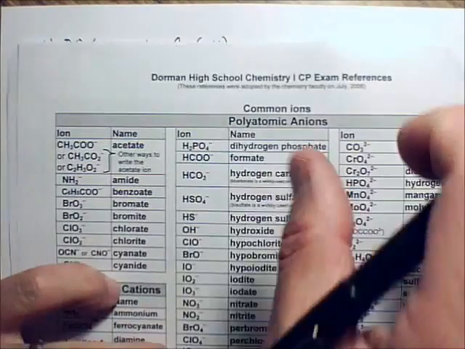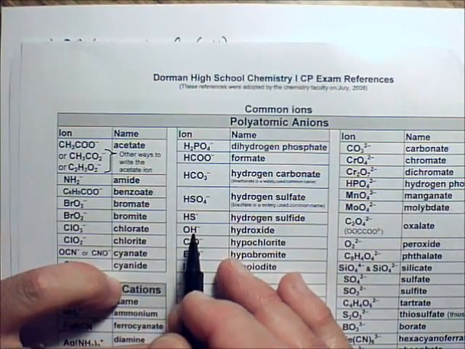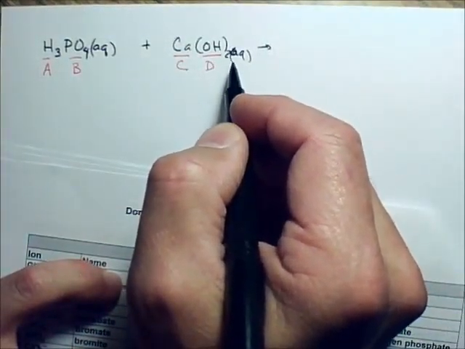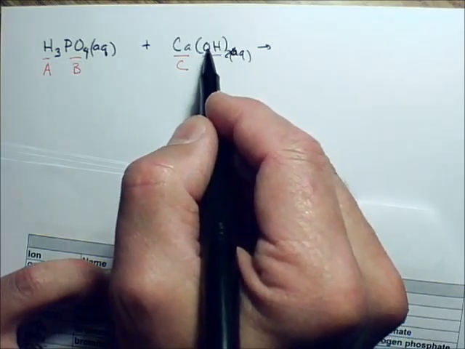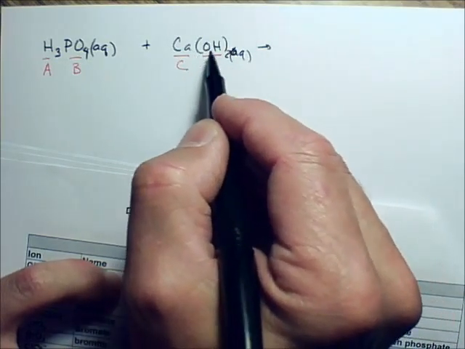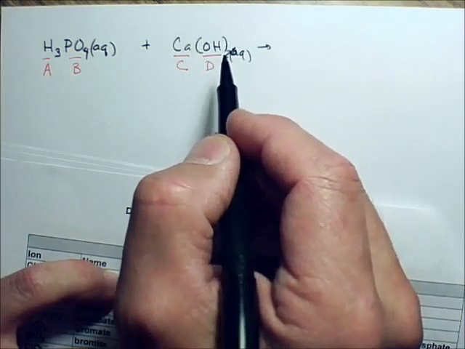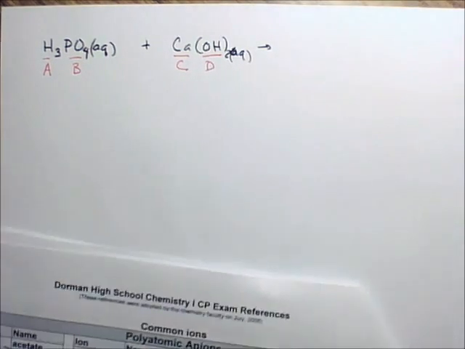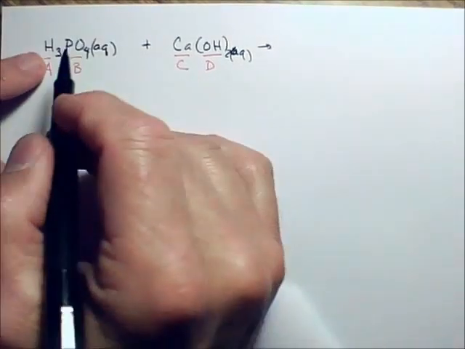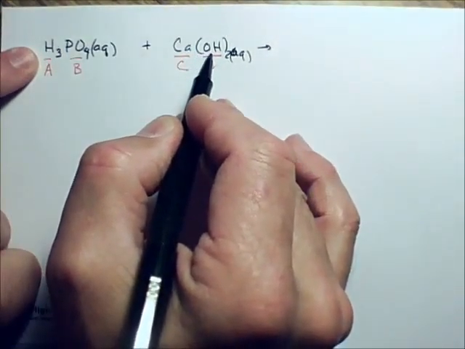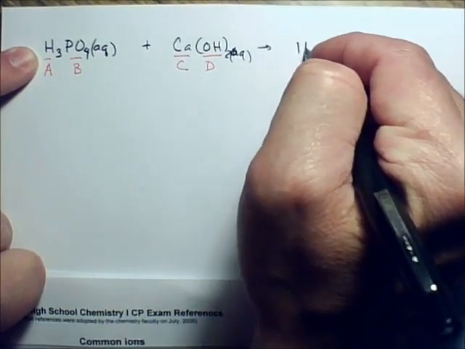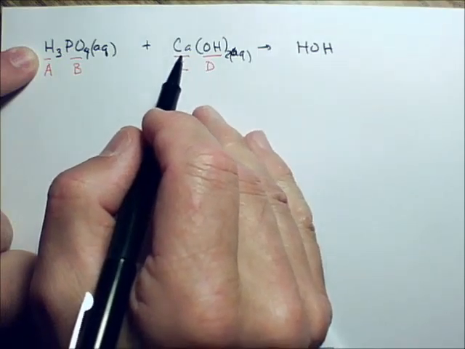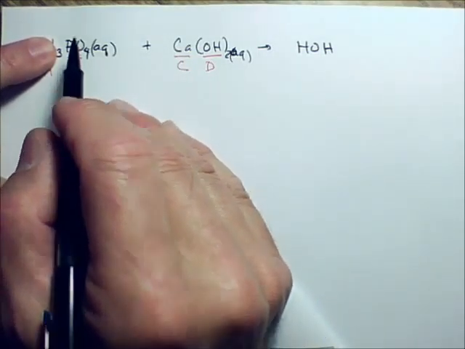Hydroxide is OH. There's no 2 in the formula for OH. The 2 doesn't travel. The OH travels, but the parentheses means I have 2 of them. It doesn't mean that the 2 belongs as part of the polyatomic ion. So we're going to put the front part of this with the back part of that, and take the front part of this and put it with the back part of that.